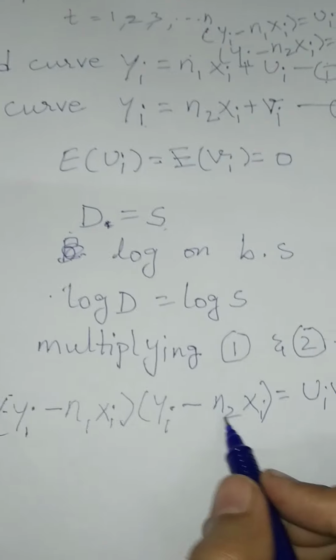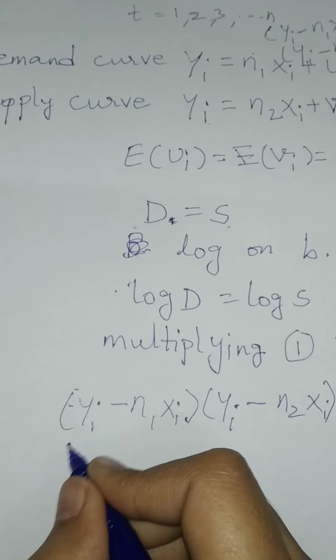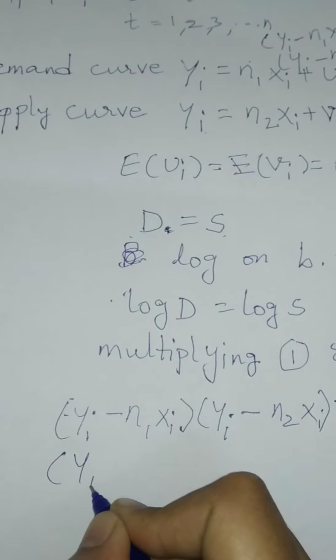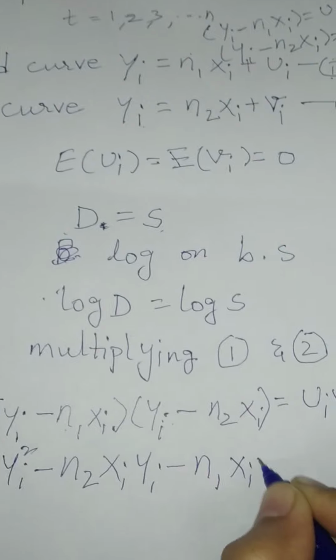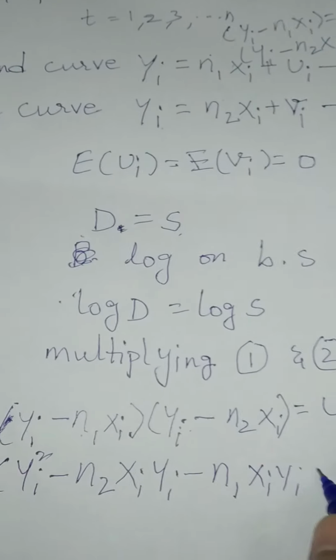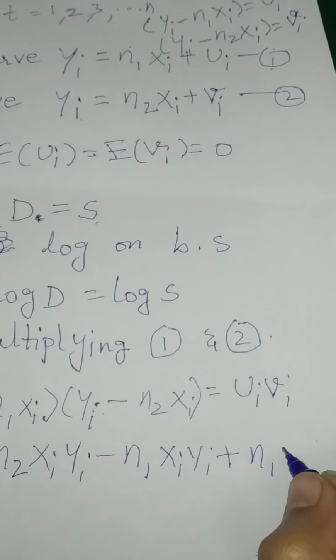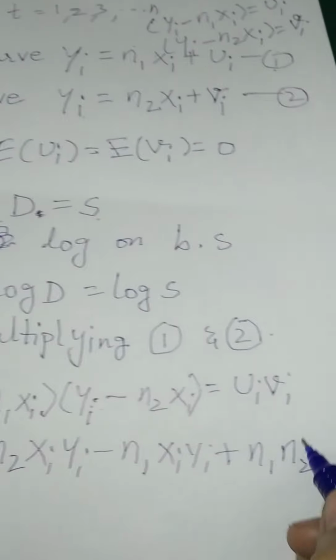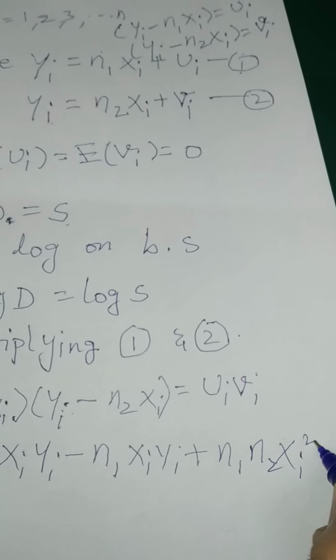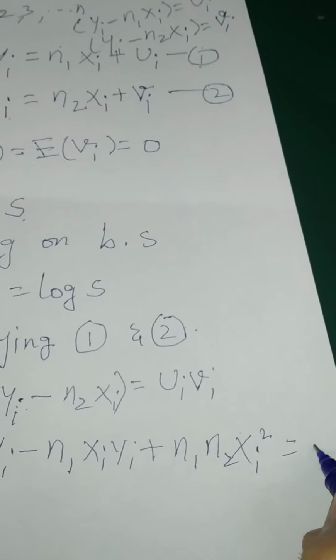When we multiply these two, it will be yi into yi, yi square, then yi into minus n2 of xi yi, then minus n1 of xi yi, then minus into minus is plus n1 and n2 of xi square, is equal to ui and vi.